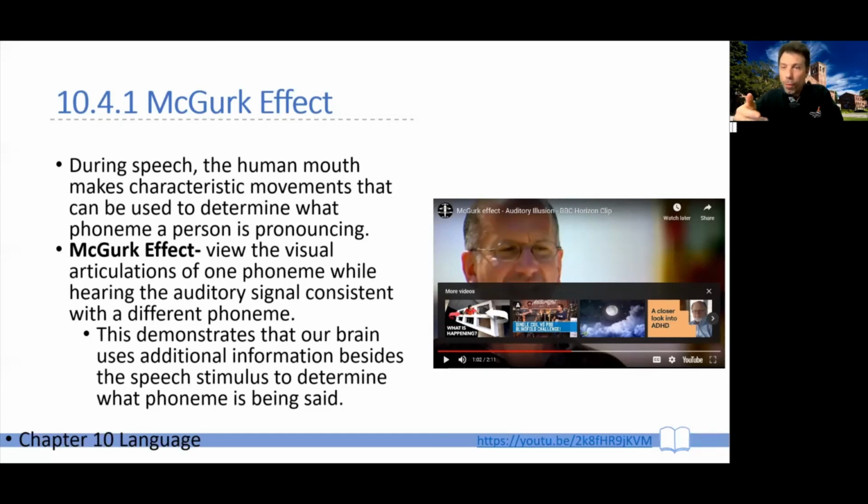So this is just a beautiful demonstration of how our brains, in order to resolve potential ambiguity of auditory information, use not only top-down information, as we've seen earlier, but also any other information that is available, such as visual information, in the case of somebody articulating in front of you a message.